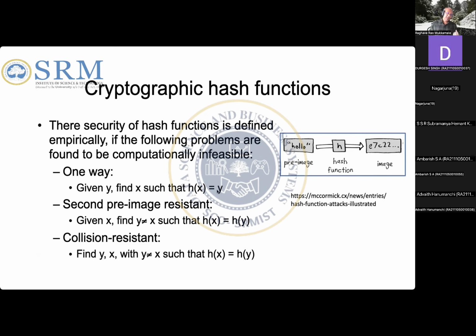And if you only have the hash value, you cannot get back. So using the hash value, you cannot easily identify what is the original value. And then we also have pre-image resistance. That means two data values cannot have the same hash value, and also collision resistance.